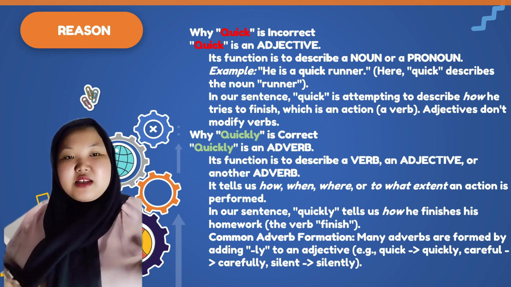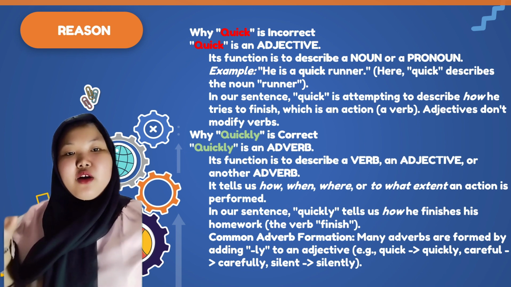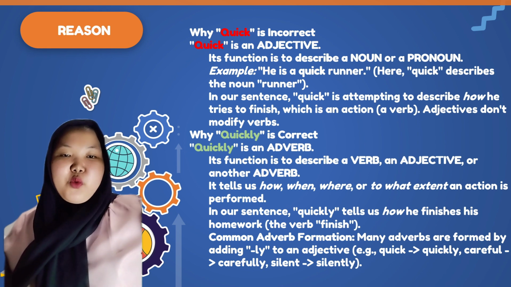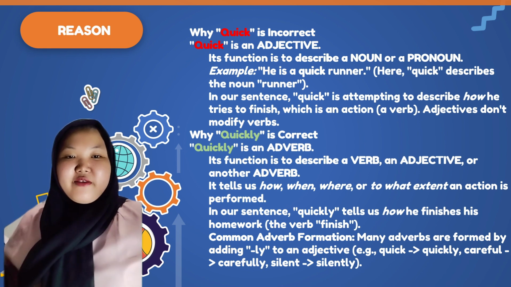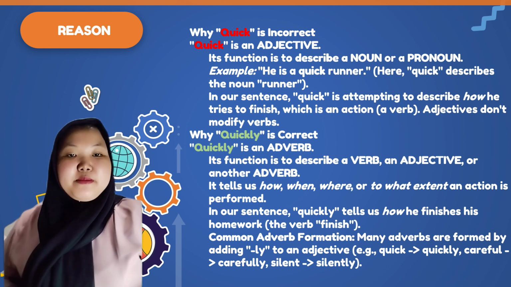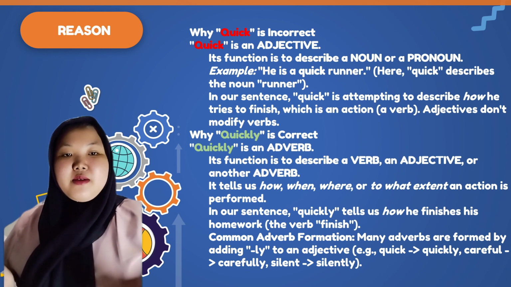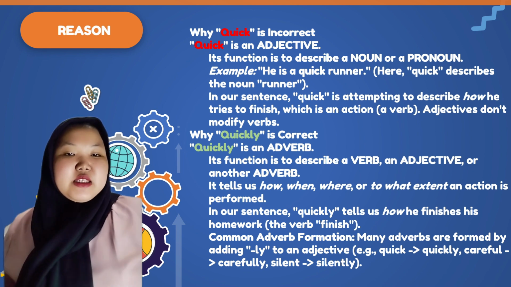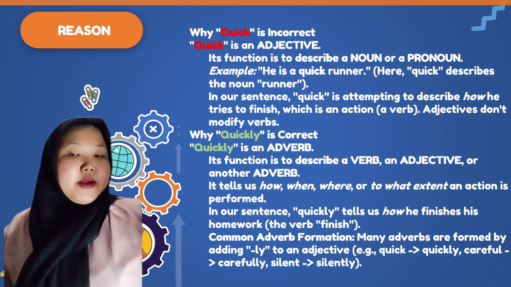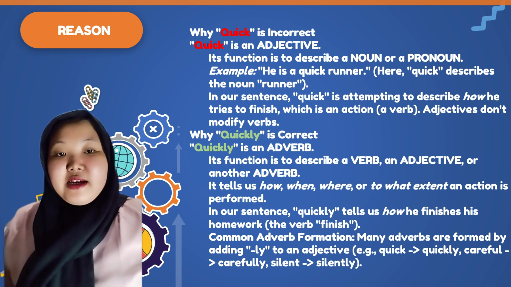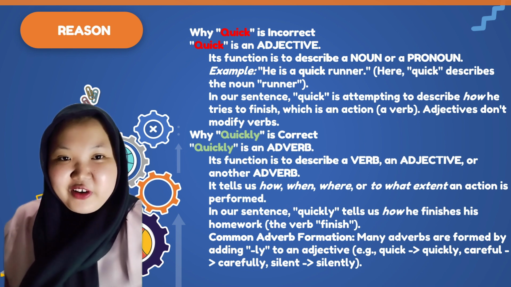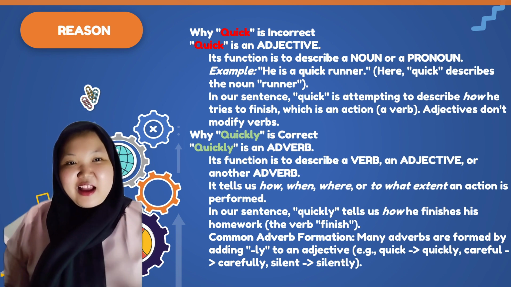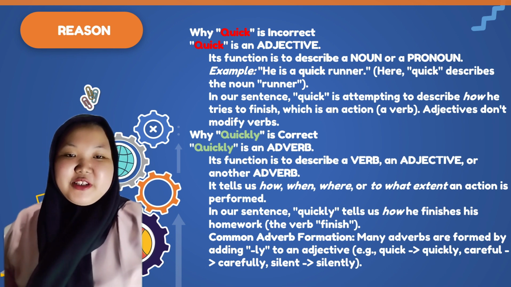They tell us how, when, where, or to what extent something happens. Example: paint beautifully, finish quickly. So remember, adjectives for things and adverbs for actions.